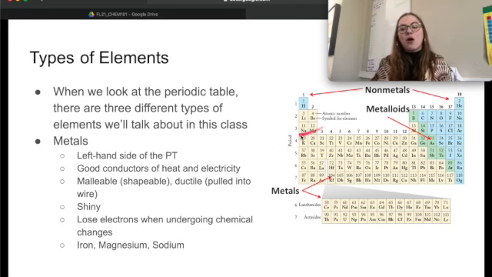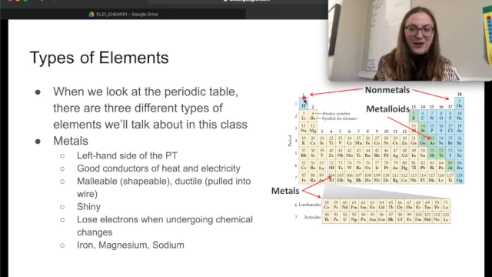Metals are all on the left-hand side of the periodic table. They're this cream color that you see on your screen over here, except for hydrogen. You're going to hear me say that about 1.5 million times during this lecture: except for hydrogen. Hydrogen, in my mind, sometimes I kind of picture him over here by helium.